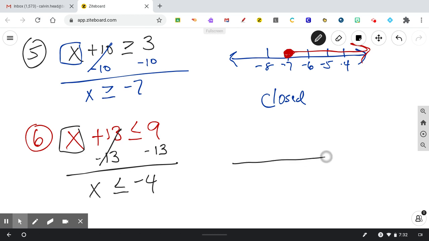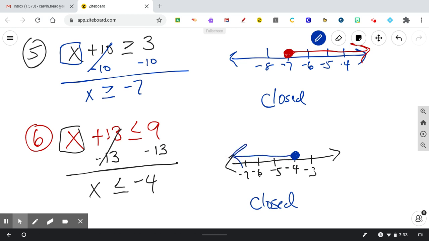Okay, I draw my line. All right. And so I have negative 4, negative 5, negative 6, negative 7. Okay. So this is, again, a closed circle. And I have a closed circle on negative 4. Okay. Going to the left.